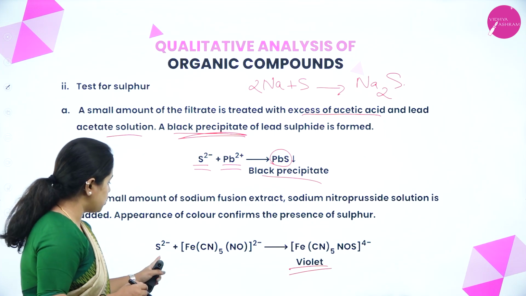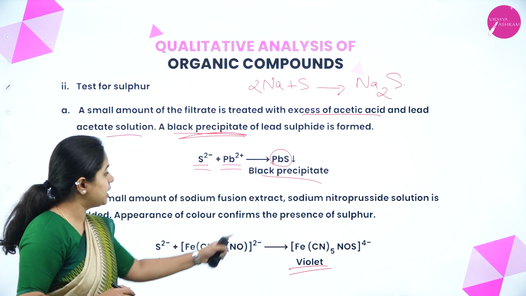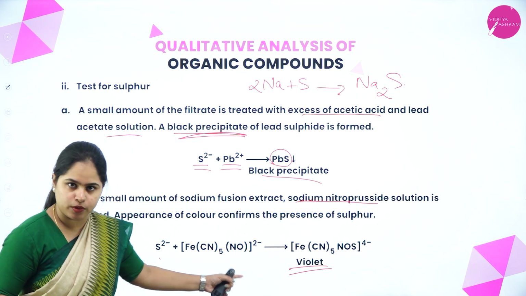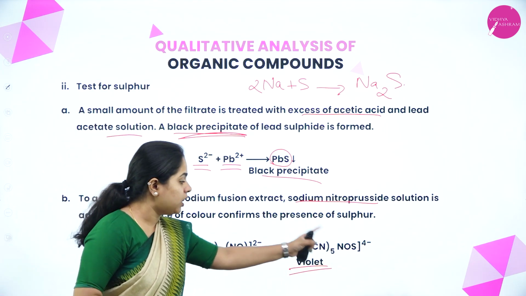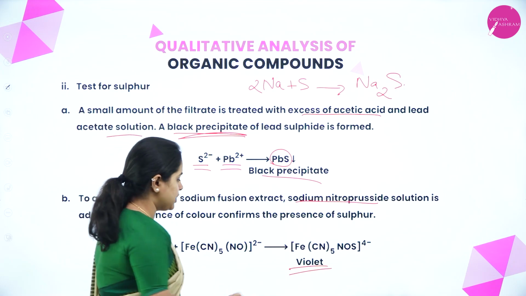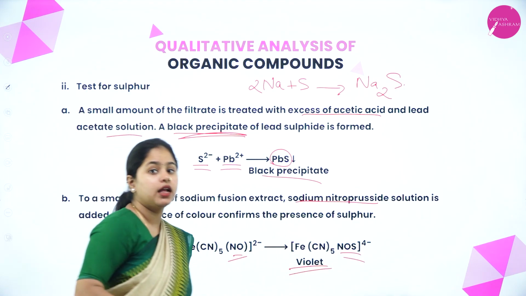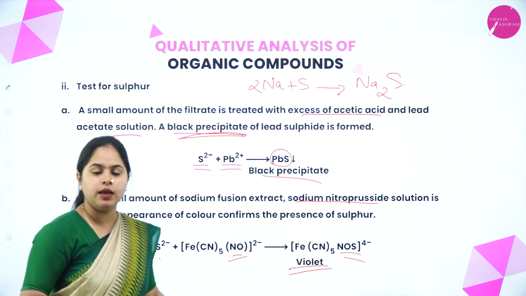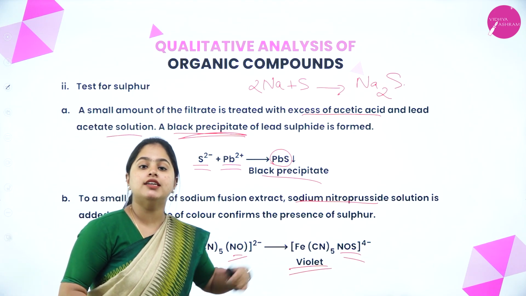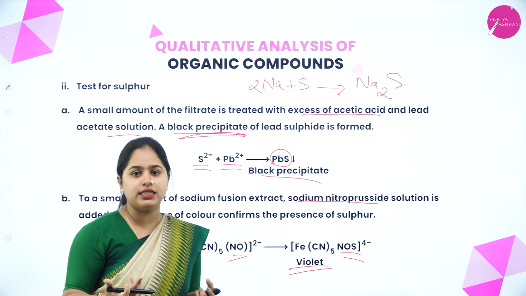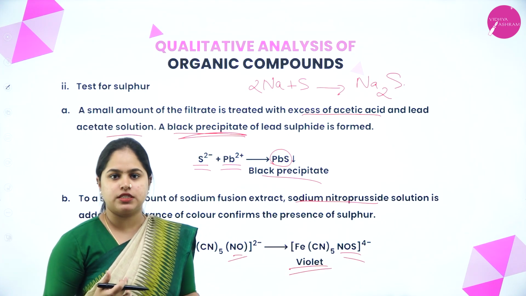Now the sodium sulfide, if you are reacting it with sodium nitroprusside, we will get a violet color. As you can see, it is just NO here and it is NOS here. So the sulfur is also present in the product. The color changes to violet.